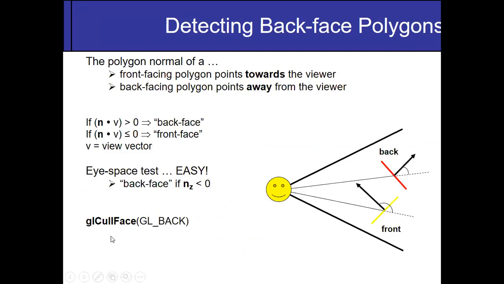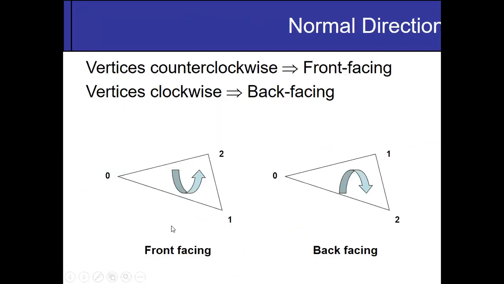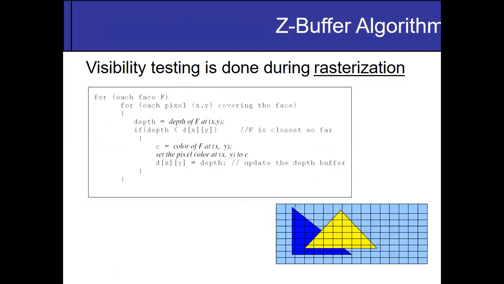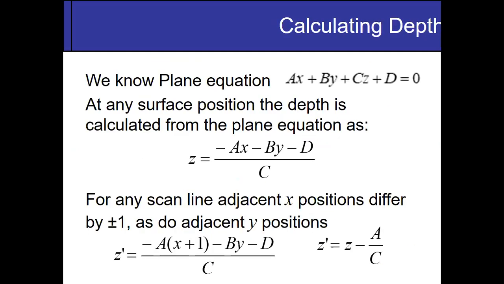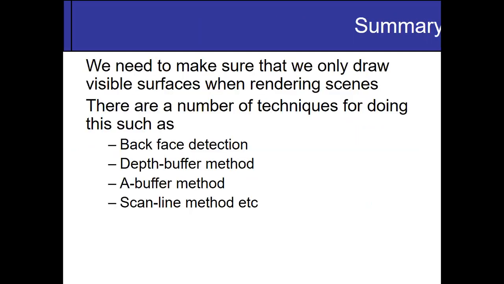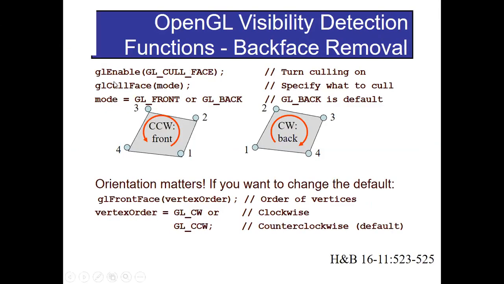So here also we have written front face, back face. Back face has to be culled, has to be eliminated. So we have that inbuilt function. First you need to enable it and cull face. The mode means which one you need to remove, either front or back.